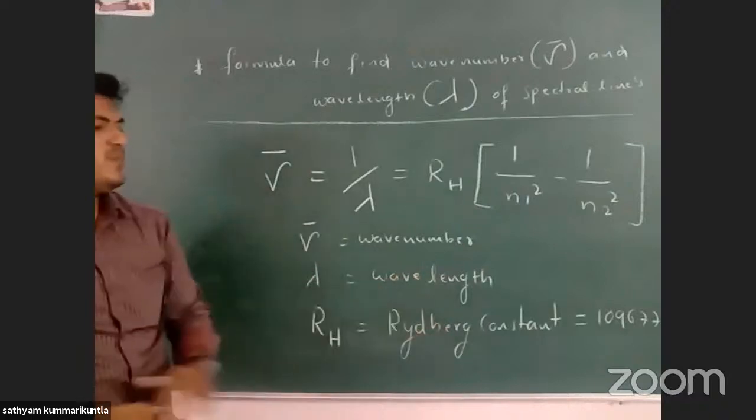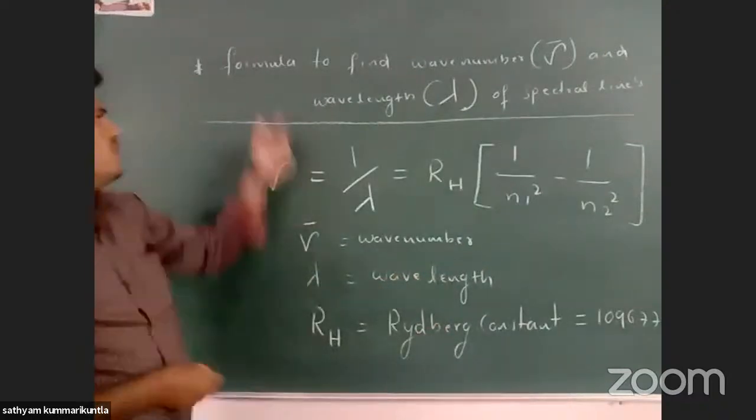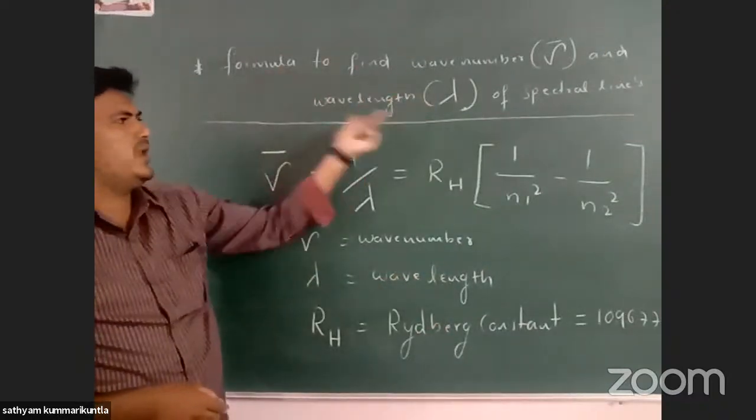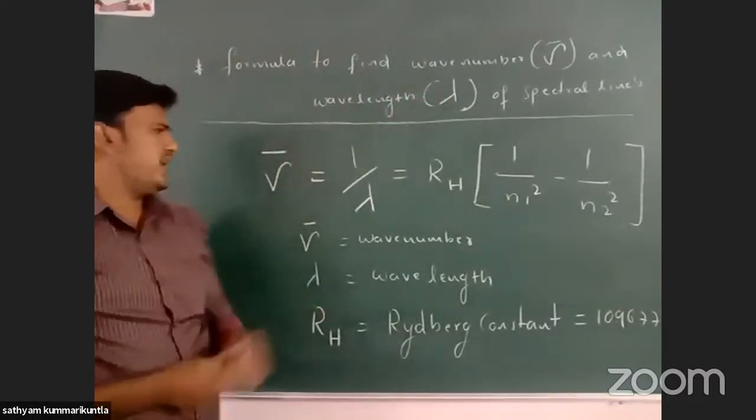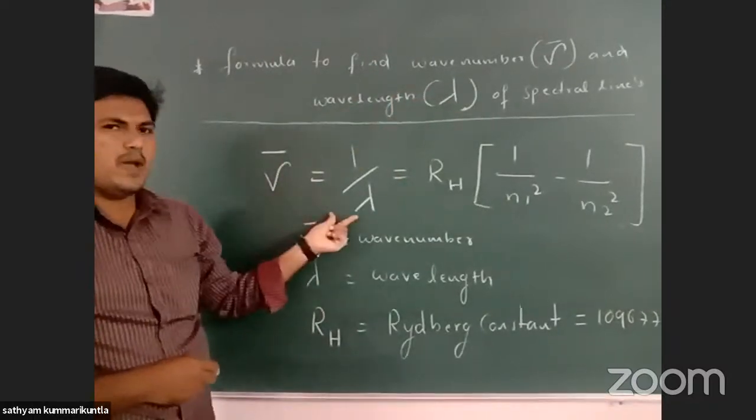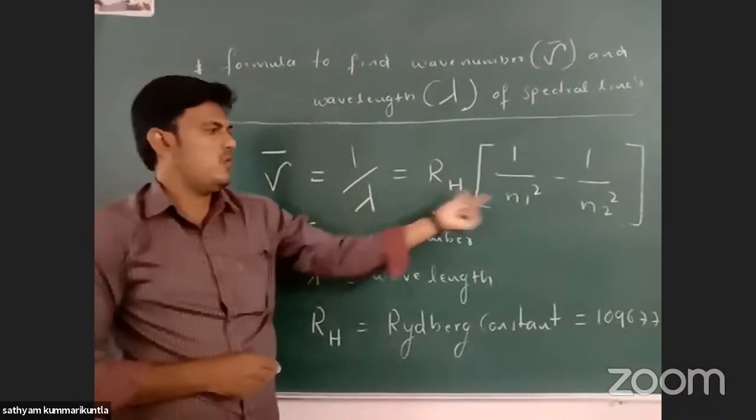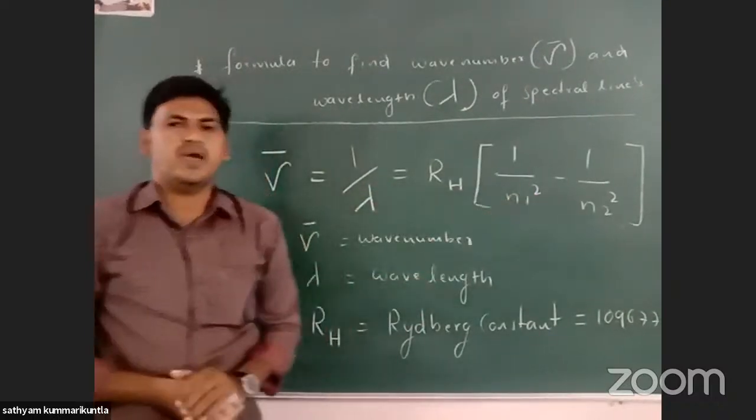So that is the Rydberg constant value. Okay. So formula to find wave number and wavelength of spectral lines: u bar is equal to 1 by lambda is equal to RH into 1 by n1 square minus 1 by n2 square.